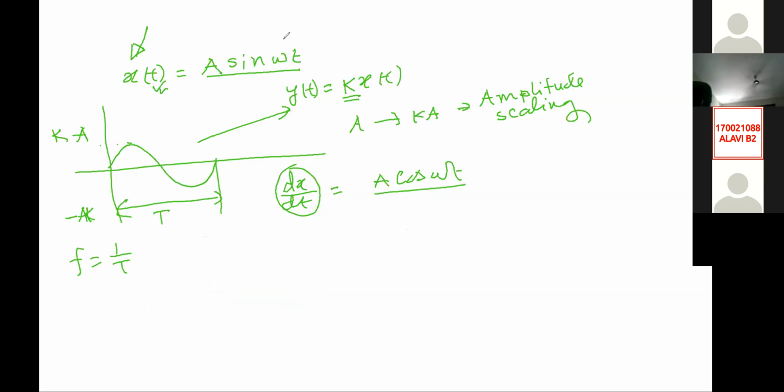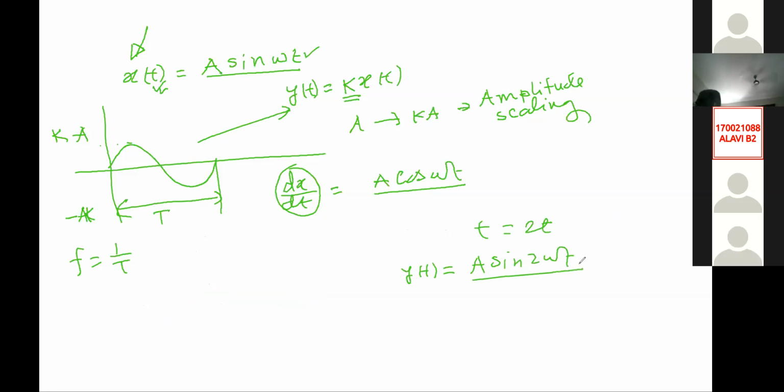So consider now that we are operating on the independent variable t, okay? We are replacing our t by 2t. Then your signal y(t) would be equal to A into sine 2 omega t. What will happen then? Frequency changes, but by what amount?